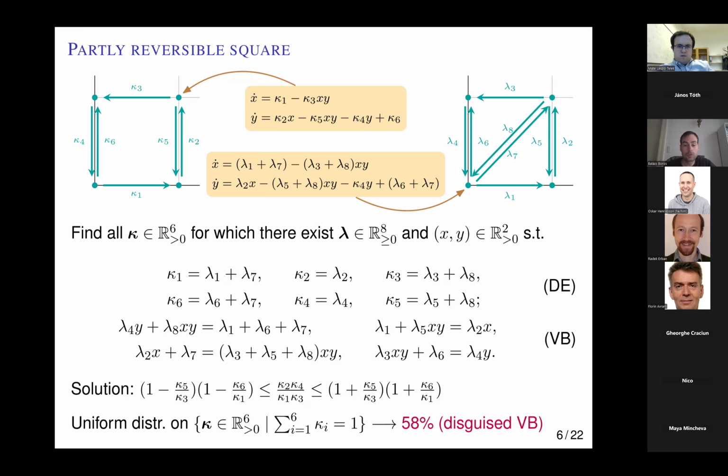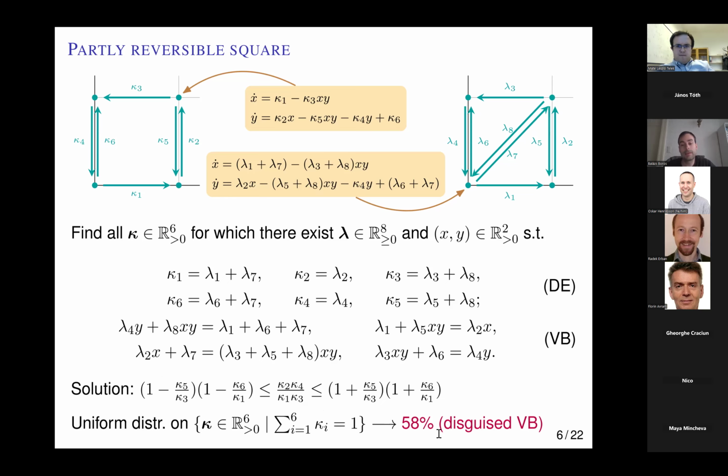It's an ad hoc choice how exactly I measure that. Here I chose to take the simplex. And so if you sample rate constants from the simplex and try to figure out when your sample is in this set, this is what you find, 58%.